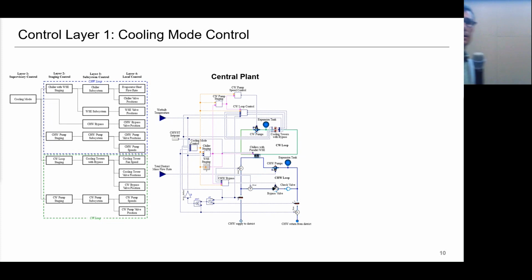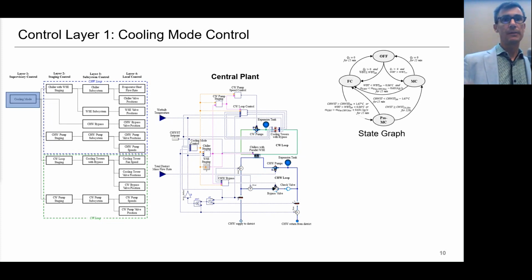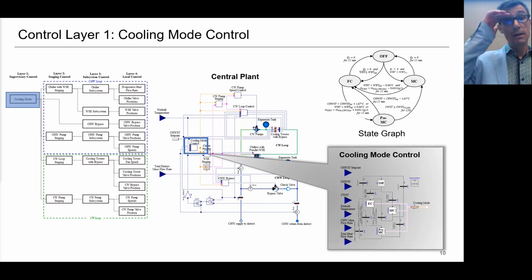To implement this hierarchical control, we implemented a finite state machine, or state graph, sometimes called, for the mode switching. And the approach for that in Modelica is that you have these different states, shown in white here in the Modelica implementation, and then the state transitions shown in black.